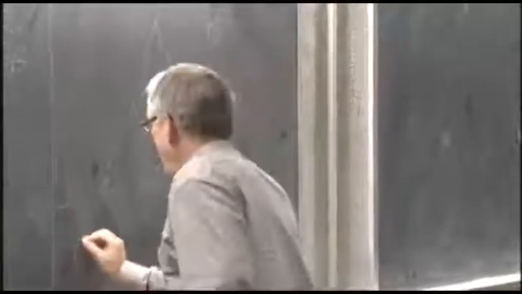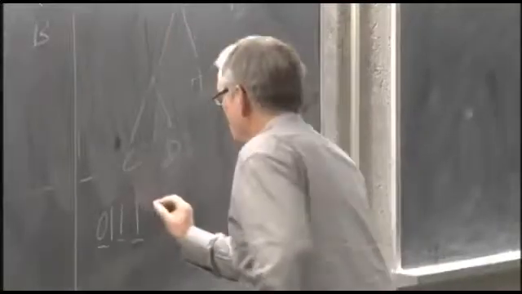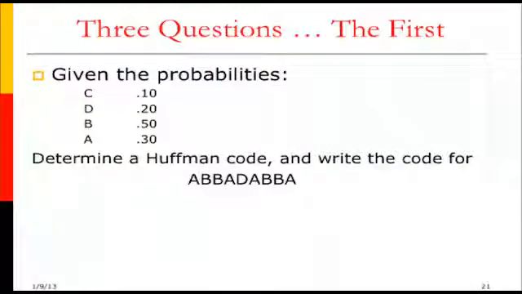And so if we do this, we get ba. And then we get D, which is 0, 0, 1.